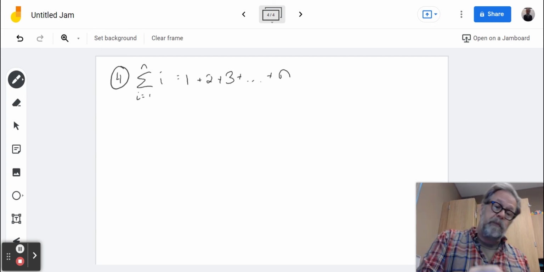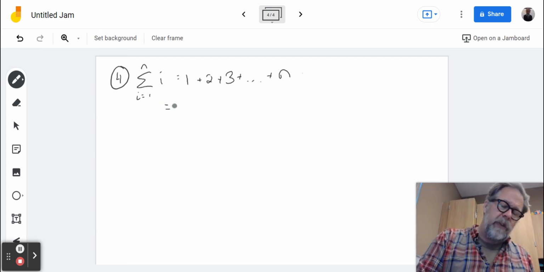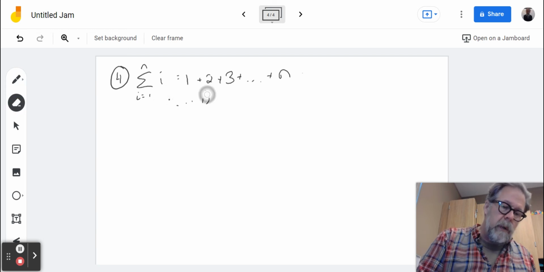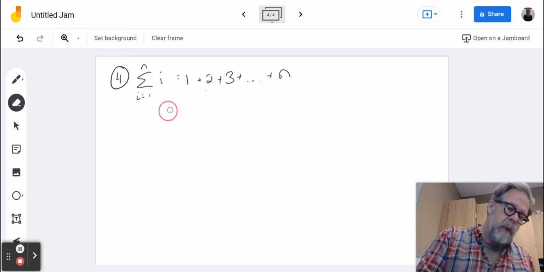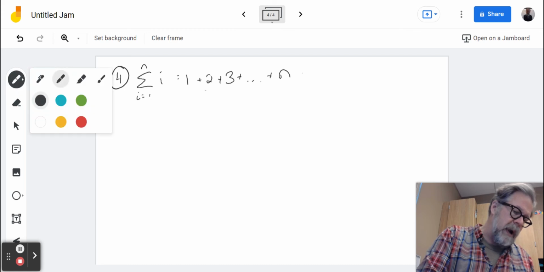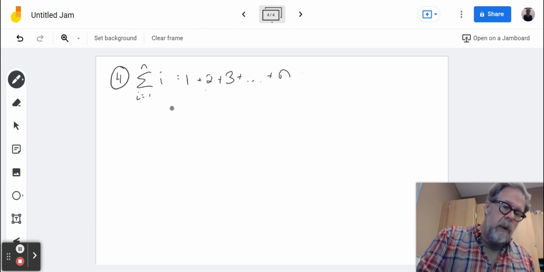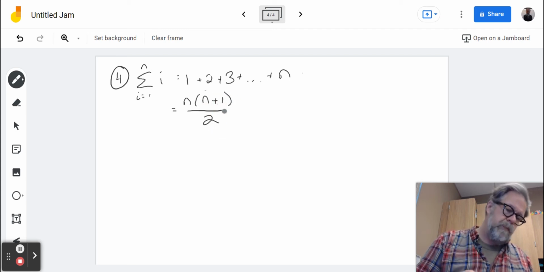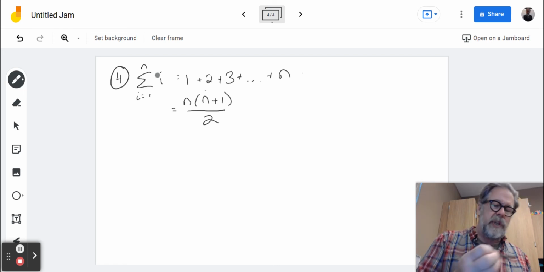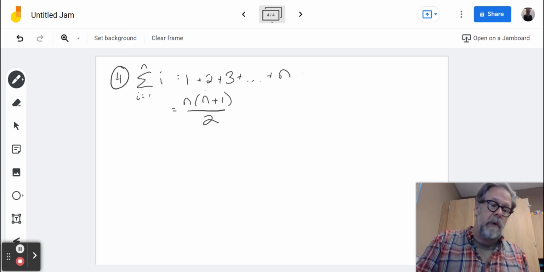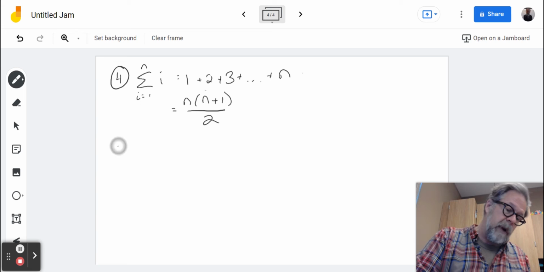Well, it turns out, and I'm not going to prove this today, that we could just do n times n plus 1 divided by 2. So if you just want to sum a string of numbers, you could just take the number of numbers that you have, the number of numbers plus 1, multiply them together, divide by 2. That will give you the sum of the string of numbers.